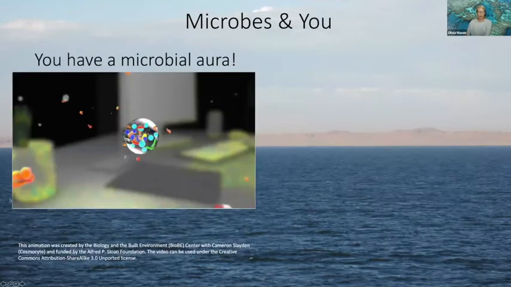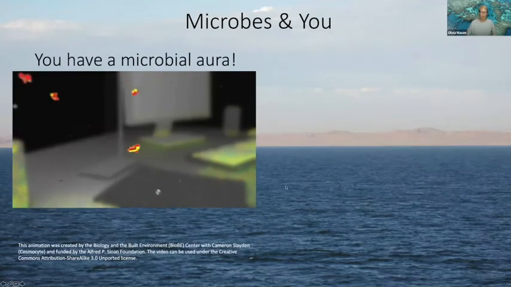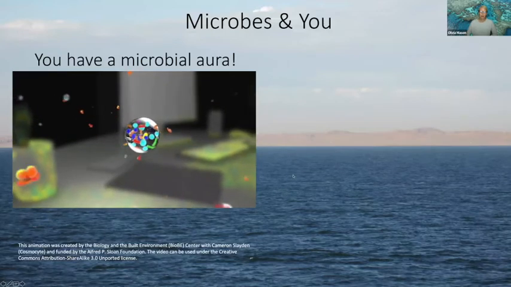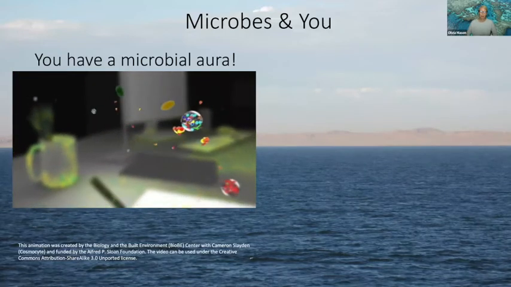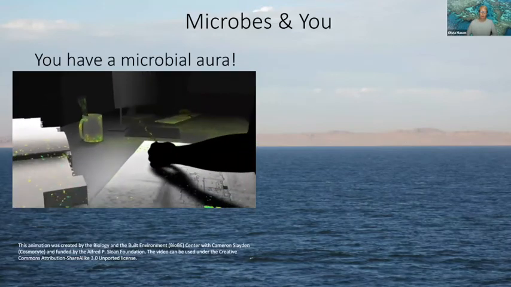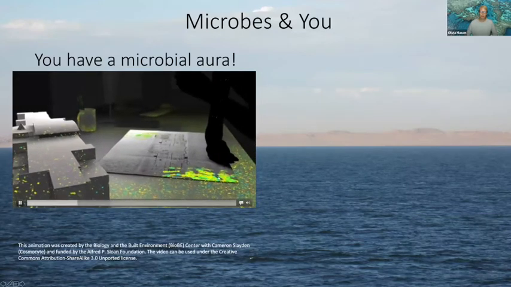Now, you even have a microbial aura that you carry with you everywhere you go. This is an animation that shows how much of the human body is actually microbe, right? We carry microbes on our skin everywhere we go, and we leave these behind.